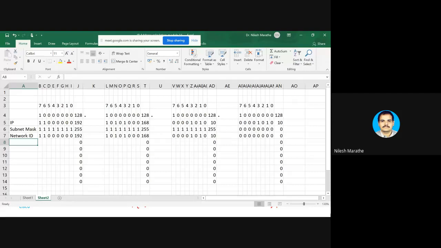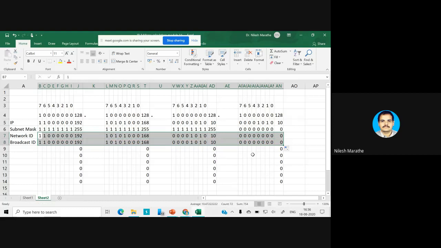Okay. What will be the last, or we can say, broadcast ID? For the broadcast ID, make all host bits 1. How can we say which are the host bits? Make all host bits 1. In the subnet mask, the number of 0 bits indicates the host portion.